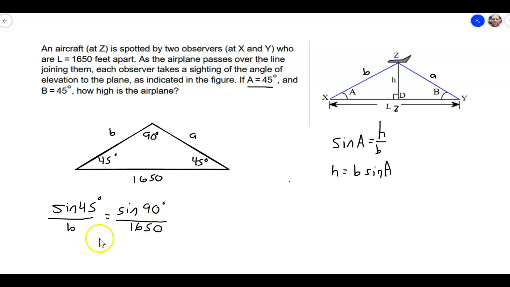So when you cross multiply and you divide, you're going to get b is equal to 1650 times the sine of 45 all over the sine of 90. And we know that that's just equal to 1, right? So let's see what that's going to give us.